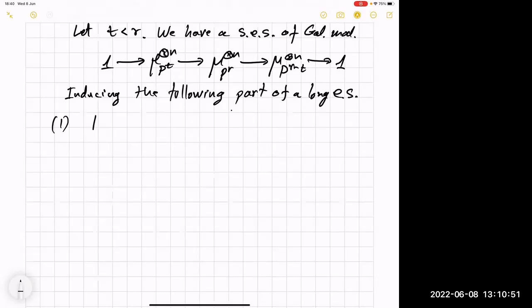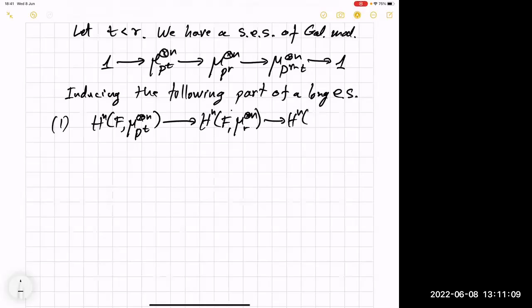It's going to be H^n, mu, oh, not r, it's p^r, and here it's p^(r-t). Then I'm going to give these maps just some kind of notation.